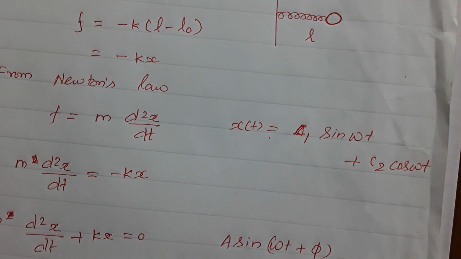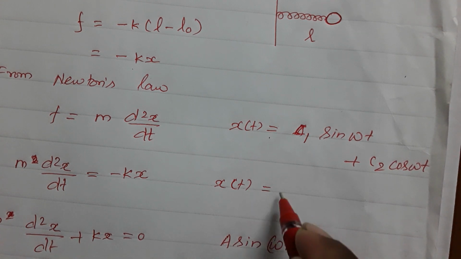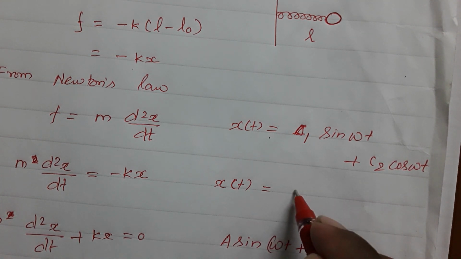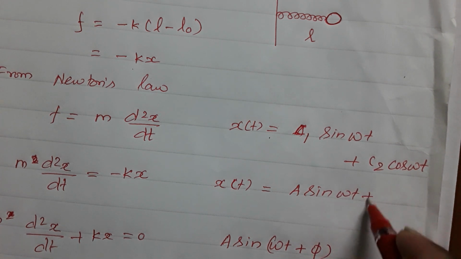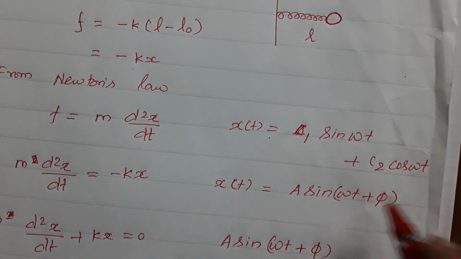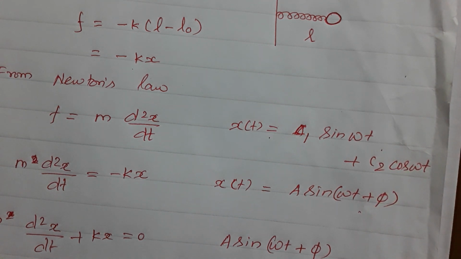This equation we can also express in this way, that is equal to a sin of omega t plus phi. How can we express the solution like this?